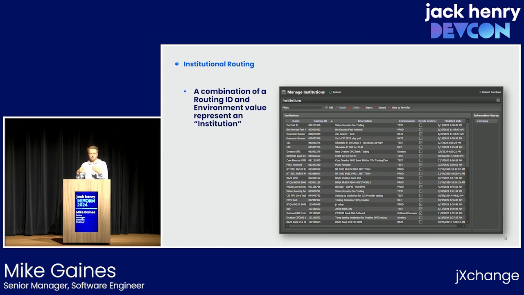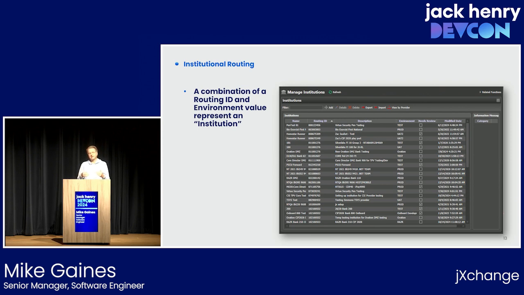So if you are integrating a product, we will add that institution in here, and we will set up the providers that are relevant for that institution, and then we will add the consumers. One of the things that we can do is accommodate holding companies and multi-bank environments.